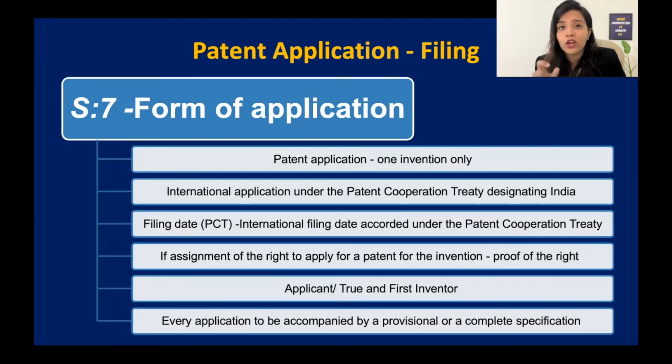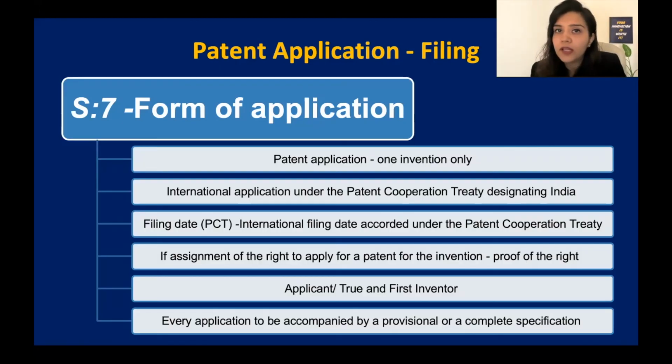Then normally the date of filing of the patent application is the first filing date among whatever filings I'm doing in India, whether a provisional application or a complete application. If I'm making my provisional application first, then the date of filing would be the date of filing of the provisional application.